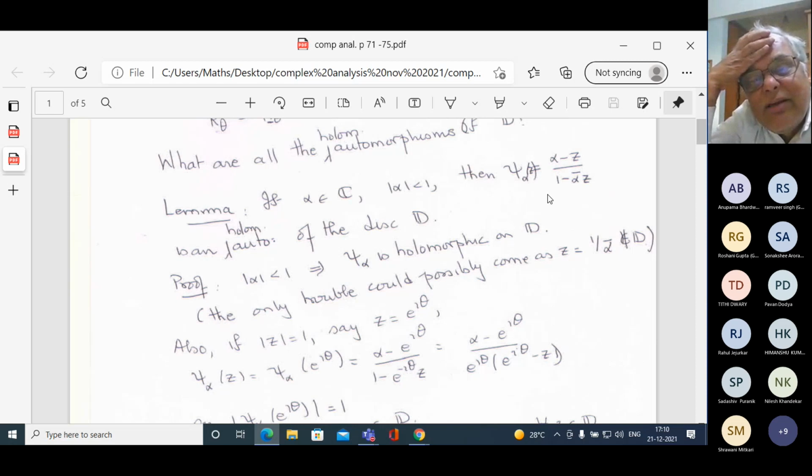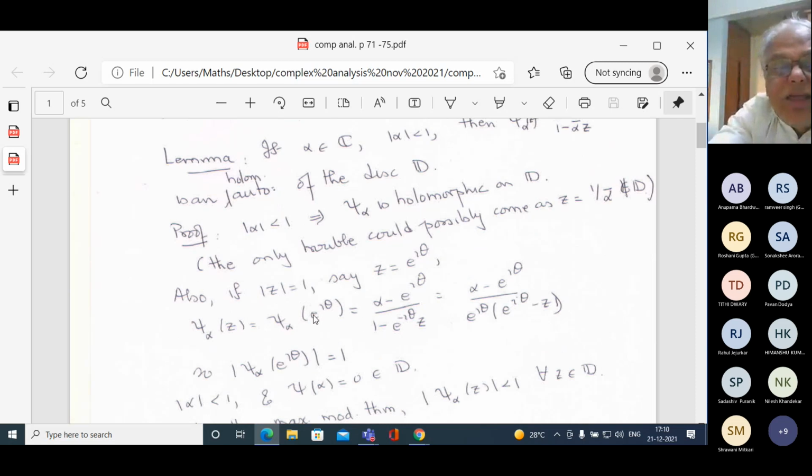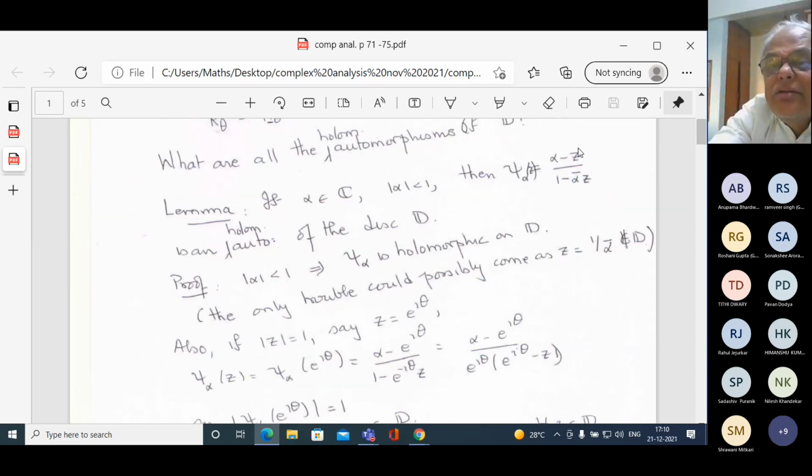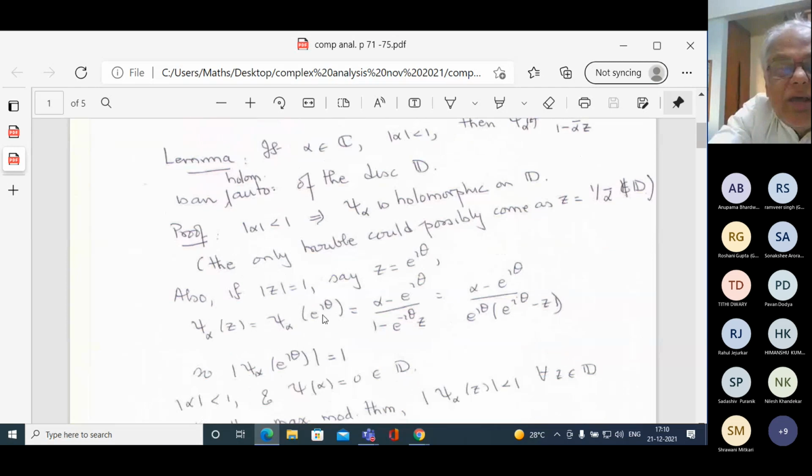So if mod alpha is less than 1, psi alpha is holomorphic on D, and if mod z is equal to 1, I can still define psi alpha. With z equal to e to the i theta, this is alpha minus e to the i theta over 1 minus e to the minus i theta z.